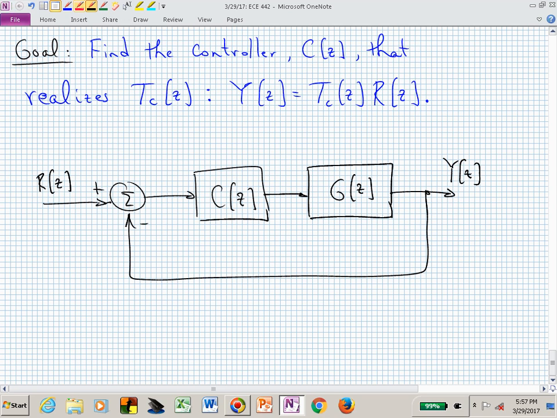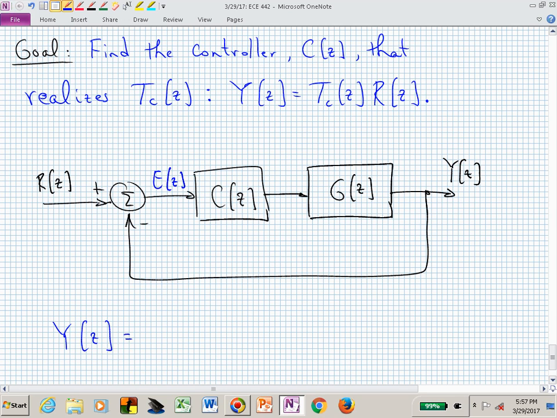And if we want, we could label this signal as an error signal, which is the difference if we were comparing where we want to go, which is R, to where we are at, which is the output Y. That's giving us an error signal E. I hope it's clear that if I wanted Y of Z, I could produce that from E of Z by just forming a product of the plant and the controller and injecting the error signal.